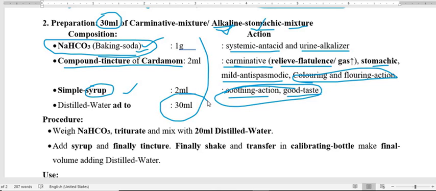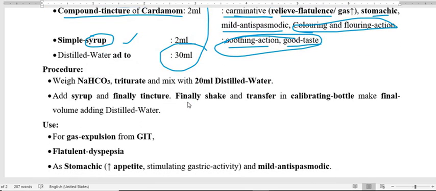by keeping all these ingredients in a measuring cylinder to make the final volume of the mixture by adding distilled water up to 30 ml. Now we have to go through the procedure of making. Soda bicarbonate we are going to keep in the mortar and pestle and triturate it, and thereafter we are going to mix it with the distilled water.